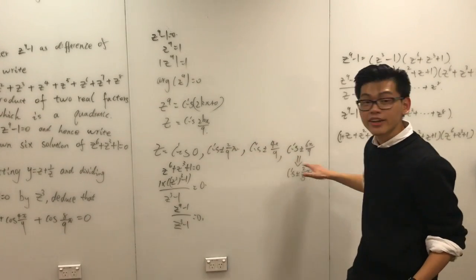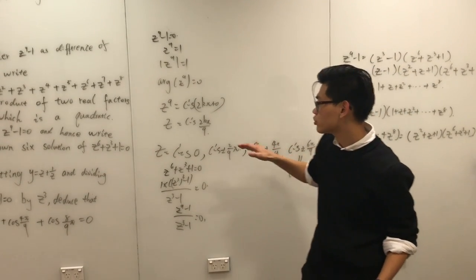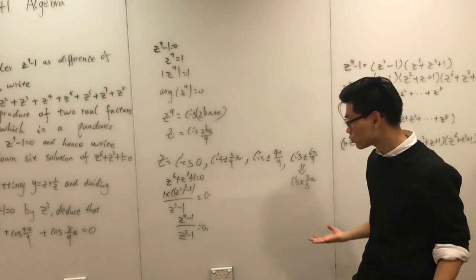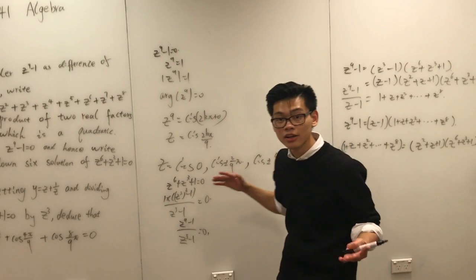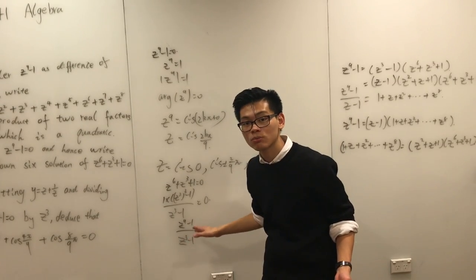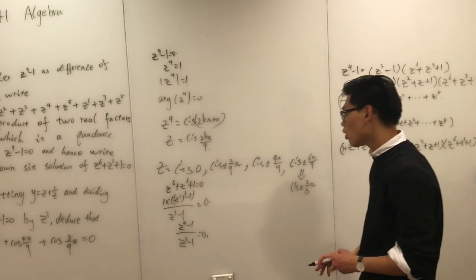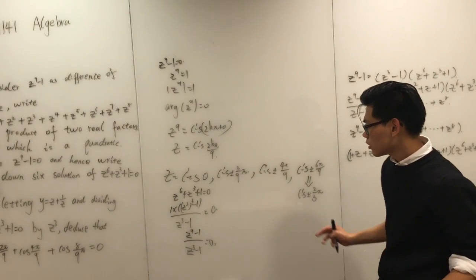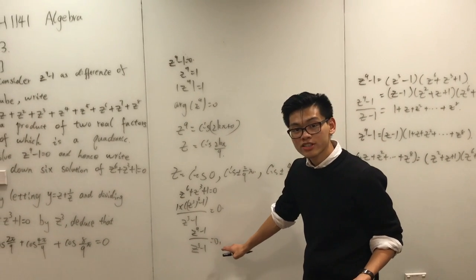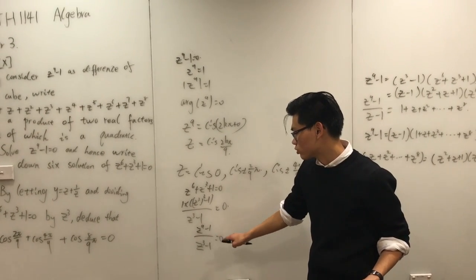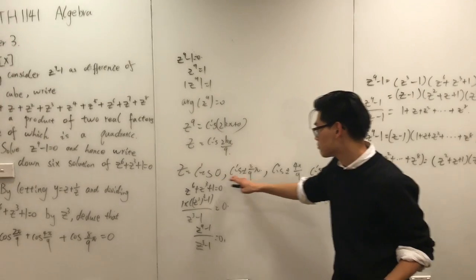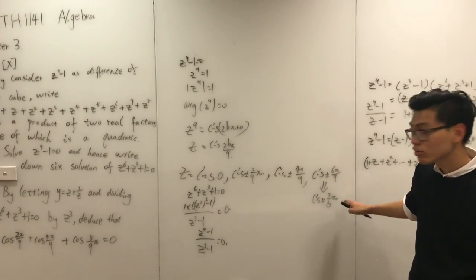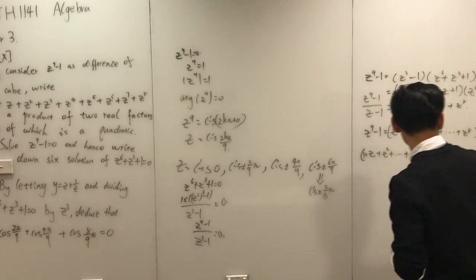So we got 9 roots here, and we have to choose 6 roots from it, which means we have to exclude 3 roots, which are the roots of z cubed minus 1. So we need to find the roots of z cubed minus 1, and then just exclude the roots of z cubed minus 1 from the previous result.